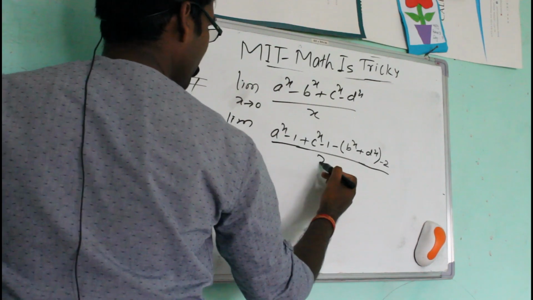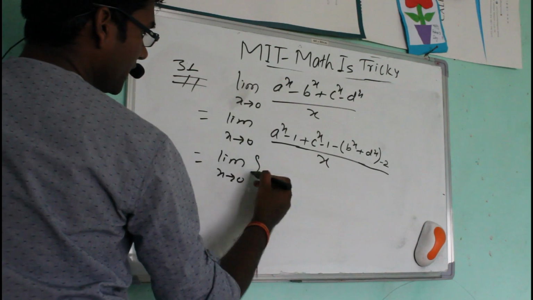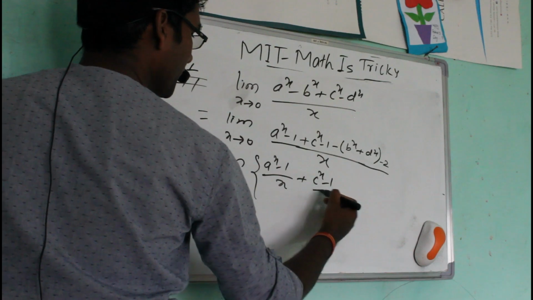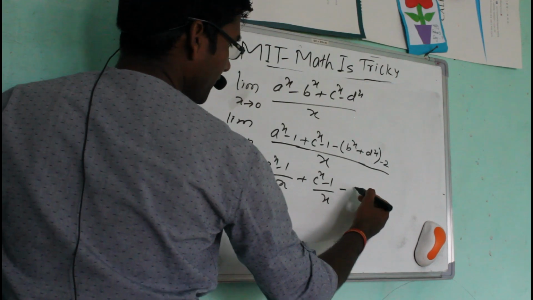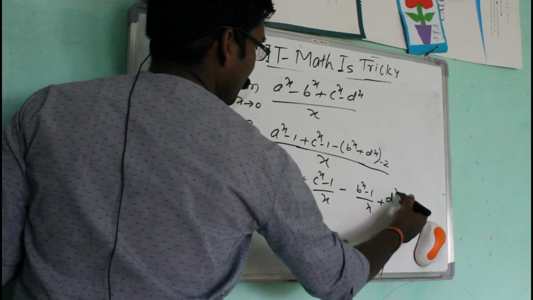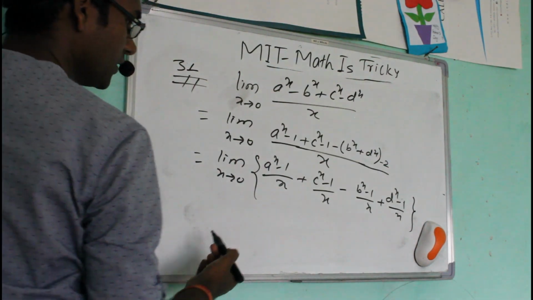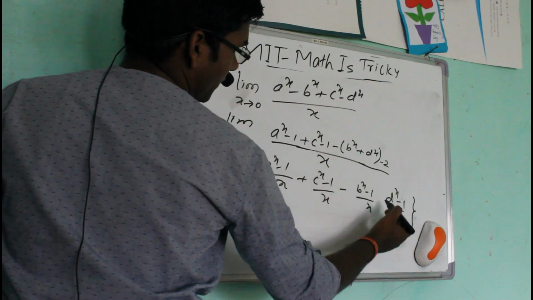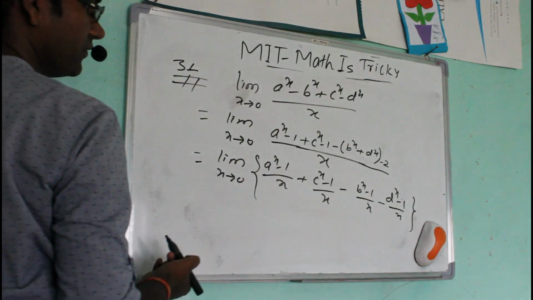So by x, let's separate this. Limit x tends to 0, (a^x - 1)/x plus (c^x - 1)/x, and now if we write like this, minus common, and then (b^x - 1)/x plus (d^x - 1)/x. You can check here, it is minus 2, so you can write minus because of the minus sign.